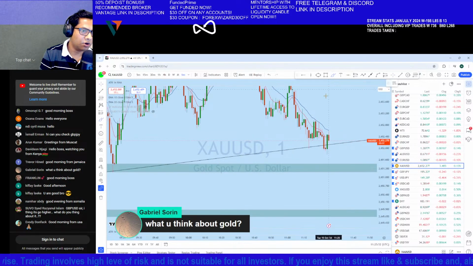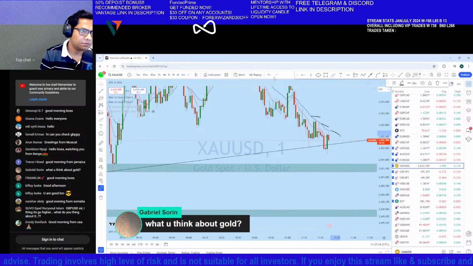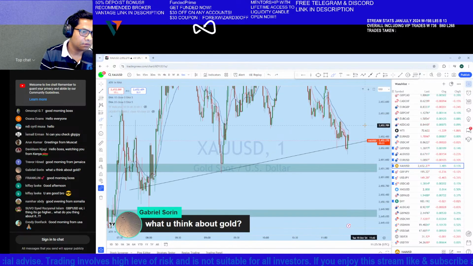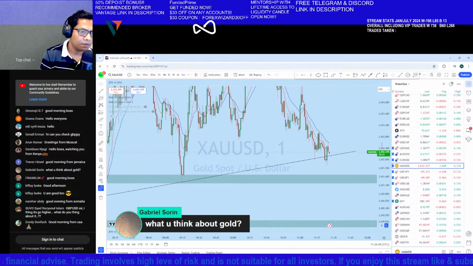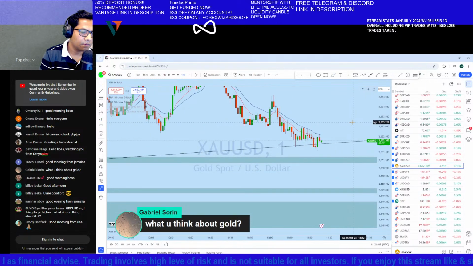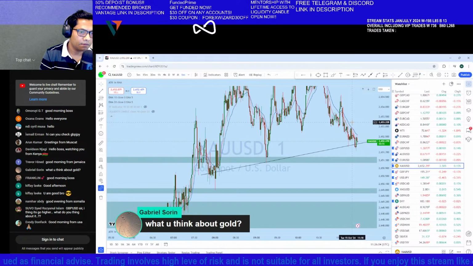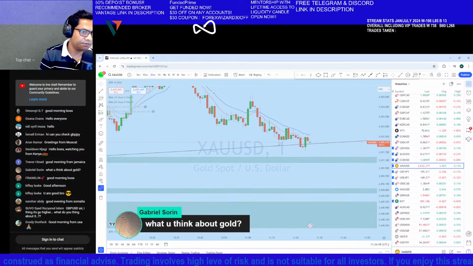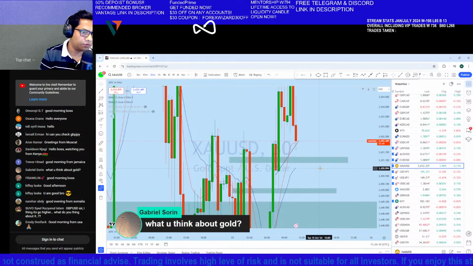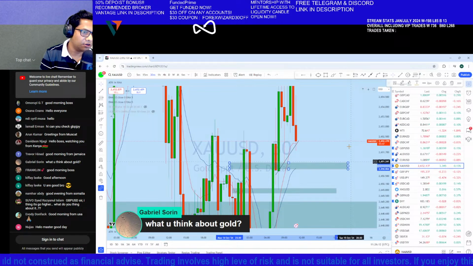We can see a series of lower high formations. I think there is a probability for a drop to the support which we are expecting on the daily.